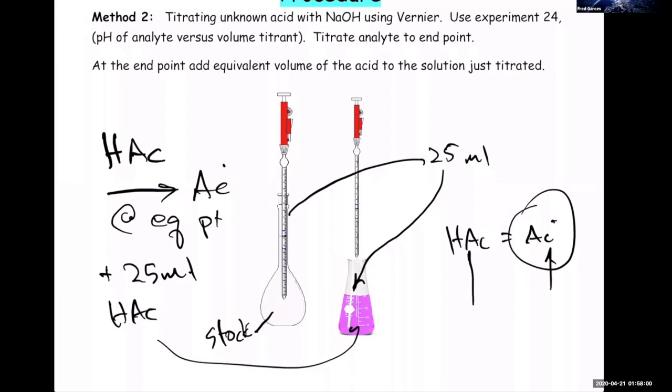And if you read the pH at this point, the pH equals the pKa. That's why it's so critical in this experiment that you stop at the endpoint and don't titrate past the endpoint, because by adding the 25 mL of acid and reading the pH at that point, you have the pKa automatically.